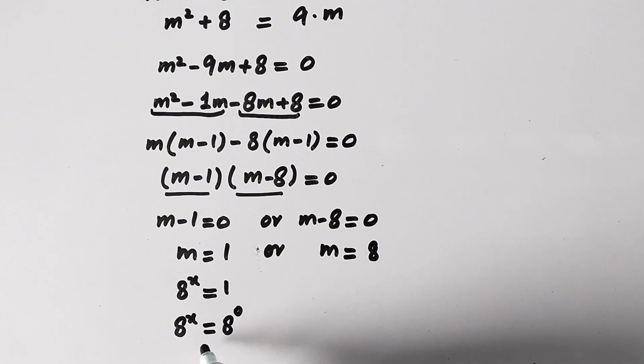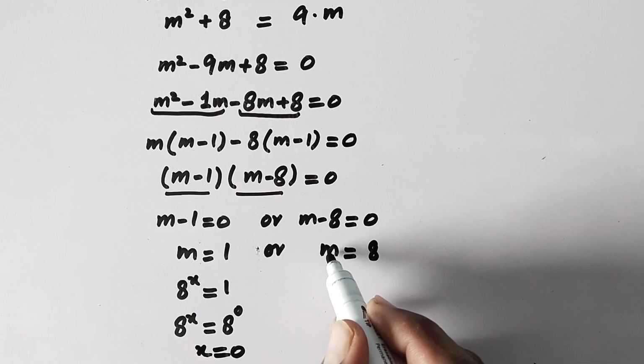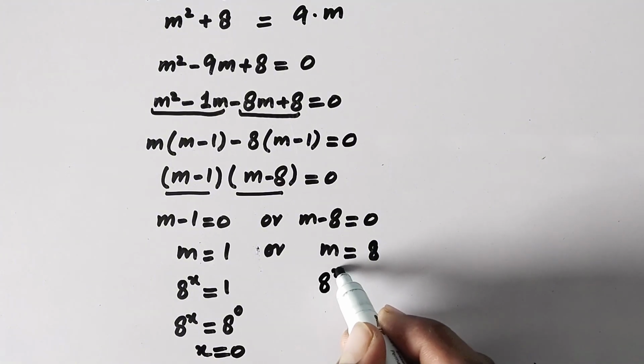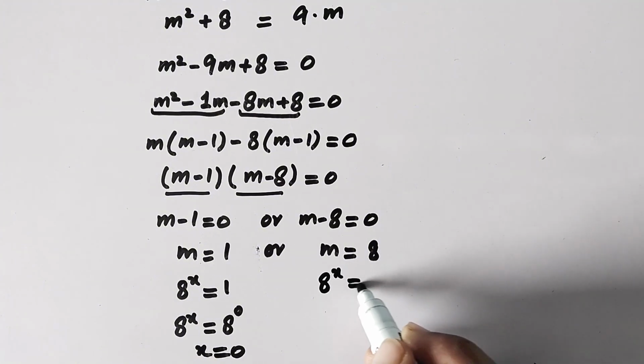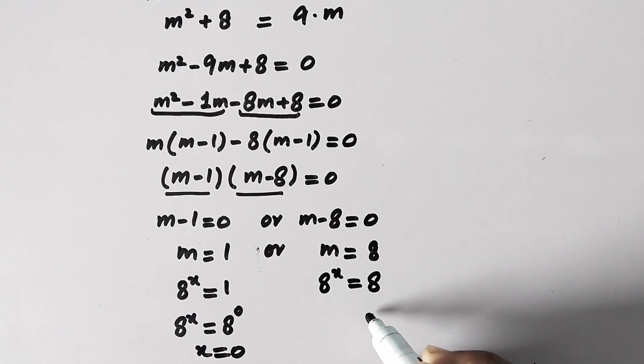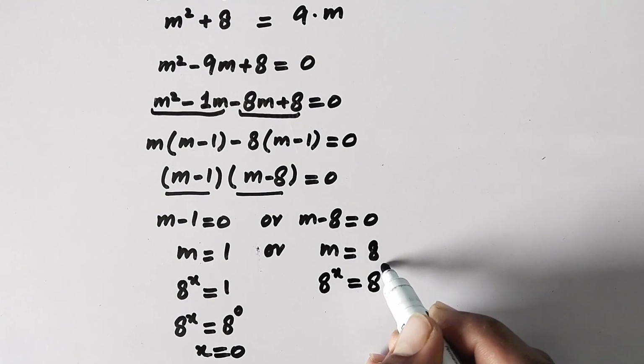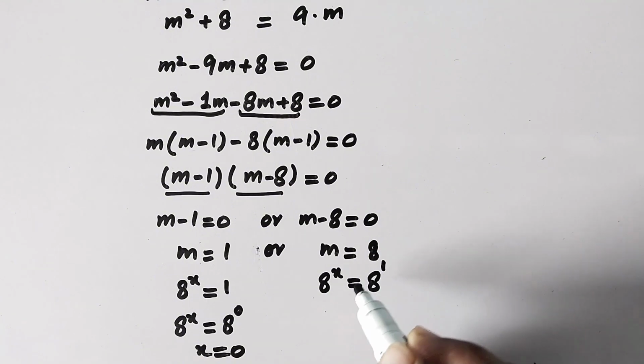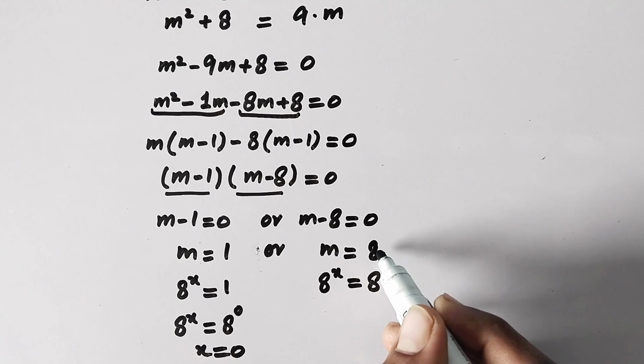Now we can see that the bases are same on both sides of the equation, so by comparing, we will get x equal to 0. Or on this side, when m is substituted by 8 to power x it will be equal to 8, and we can take power of 1 here, so there will be no effect on this value.